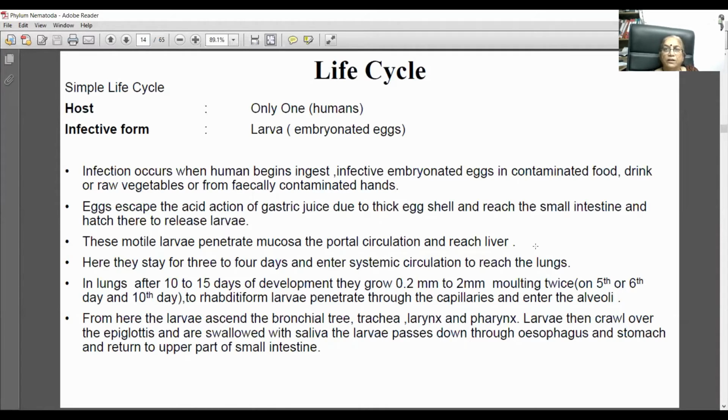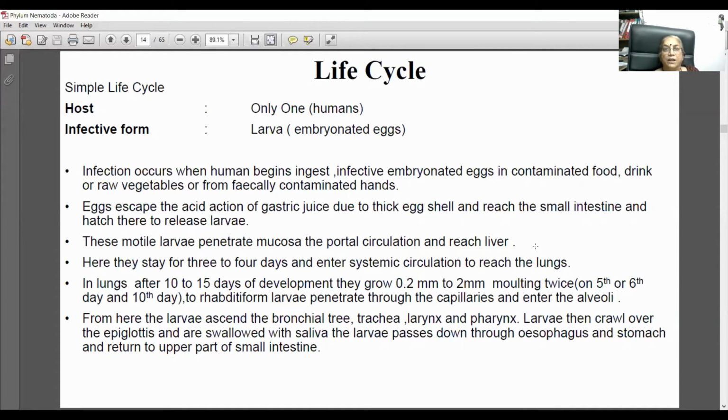The hygiene method to be followed is, first, washing hands with soap before eating. Secondly, washing hands with soap after going to the toilet.